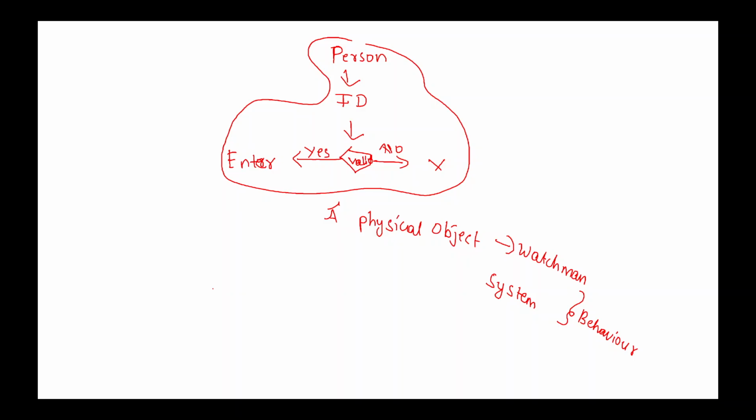So we need something to understand these machines. We need something to understand how these machines work, how their behavior is represented, how they are following the rules. We need something to represent that, and that's where we are going to use automata. So what is this automata?